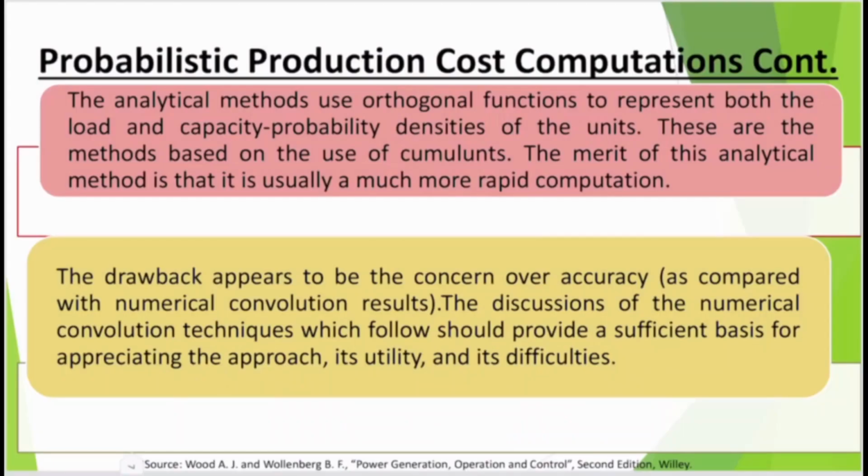The drawback appears to be the concern over accuracy, since numerical convolution can provide more accurate results. The discussion of the numerical convolution technique which follows should provide a sufficient basis for appreciating the approach, that is, its utility and its difficulties.